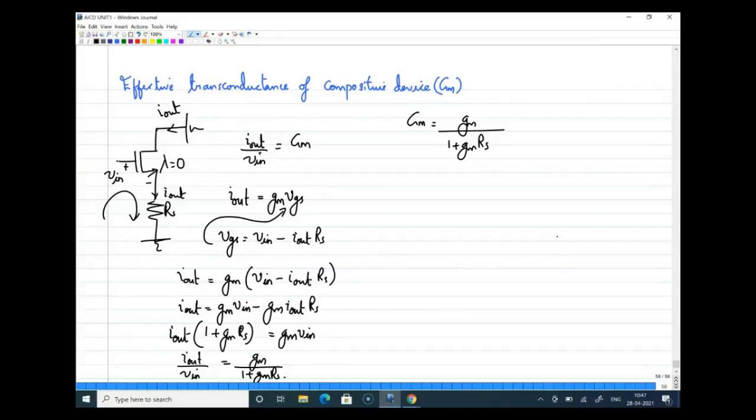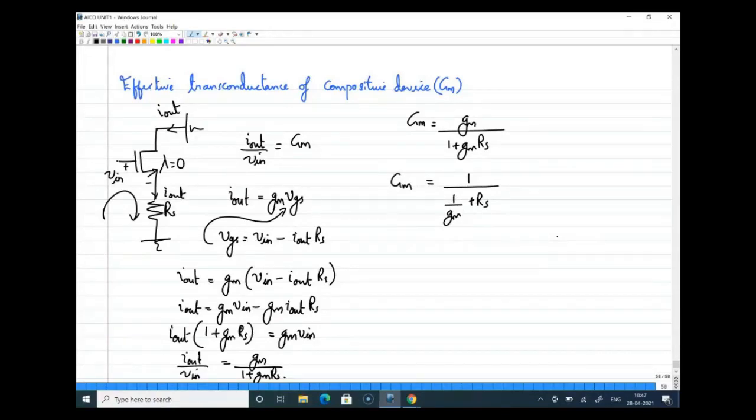Can I get the response as yes or no? Yes, it is true. How can I say that? I'll take gm common from numerator and denominator and cancel gm, so capital Gm is equal to 1 by (1 by gm plus RS).